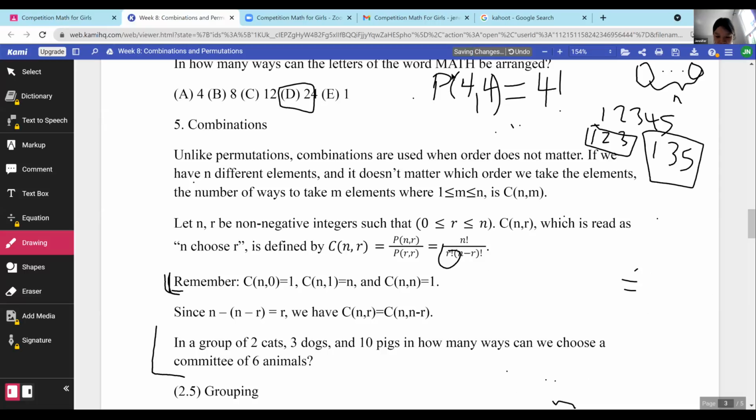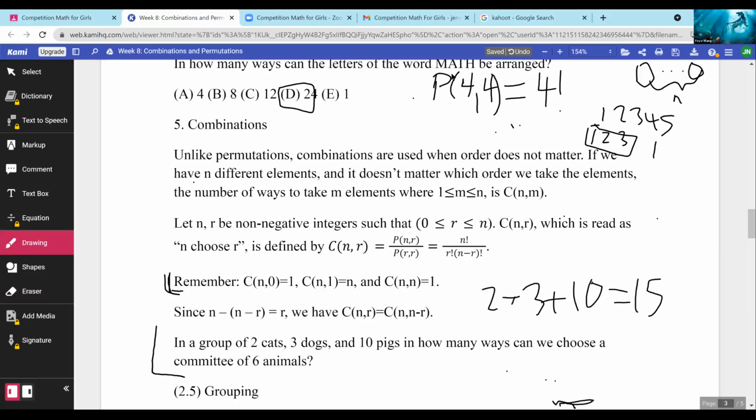It's kind of big numbers, but we just need the formula for it. So I could then go over it. In all, there are 15 animals. Wait, is r in this case 6? Right. Oh, nice.